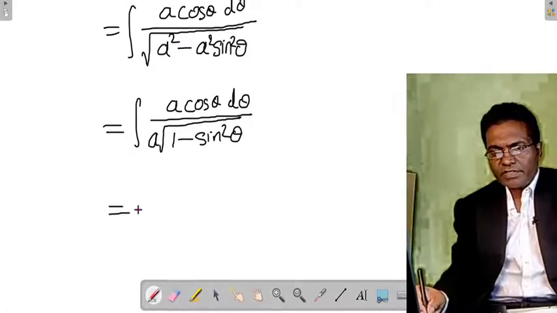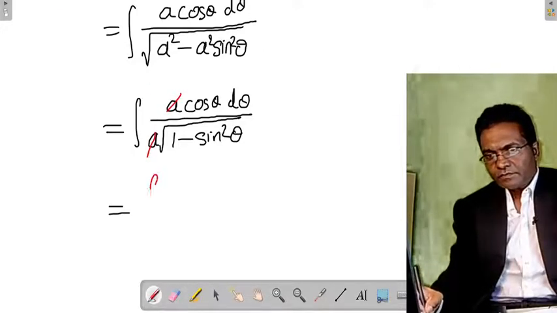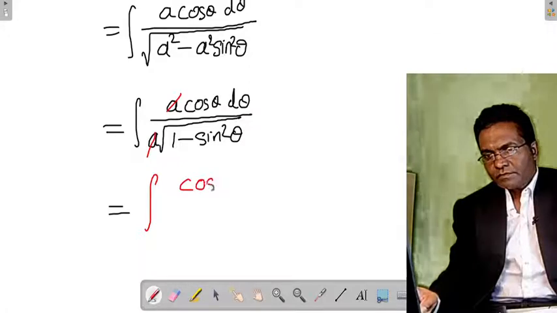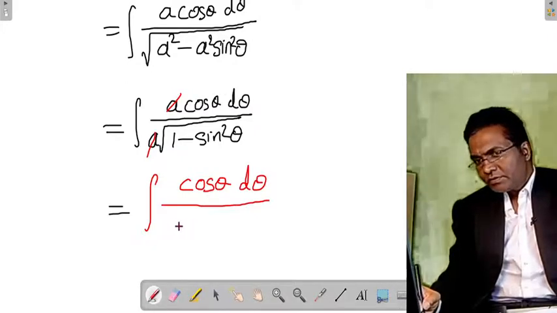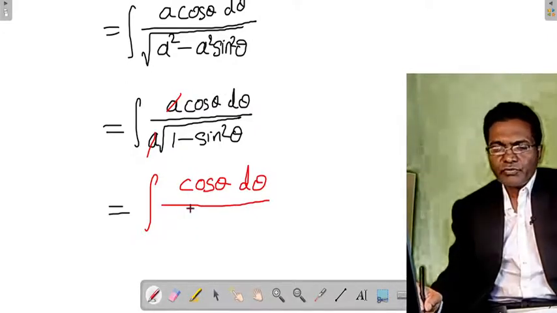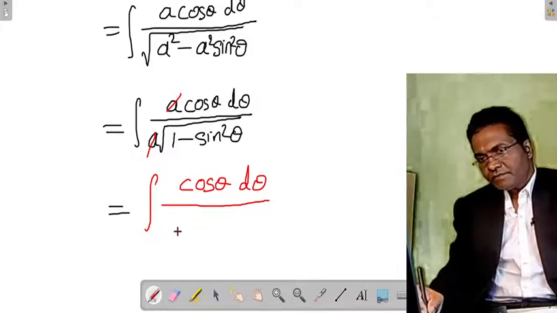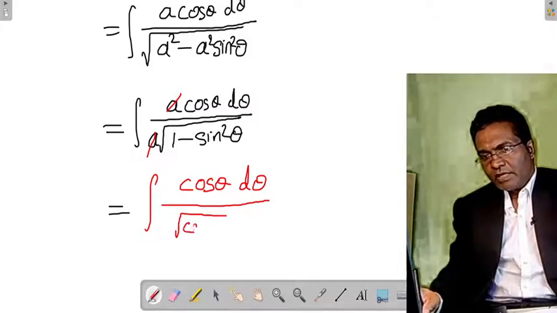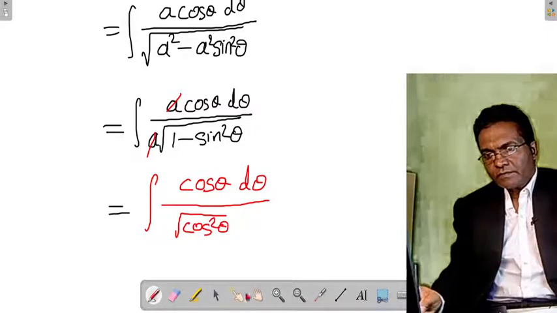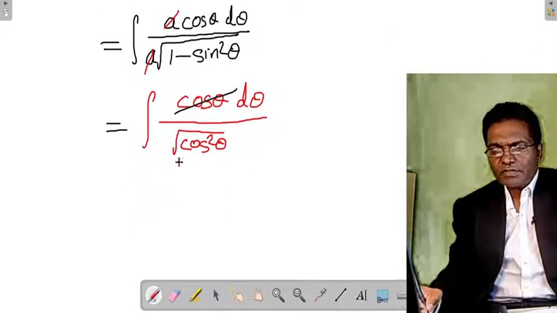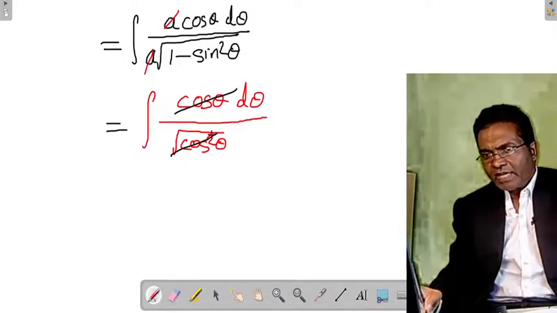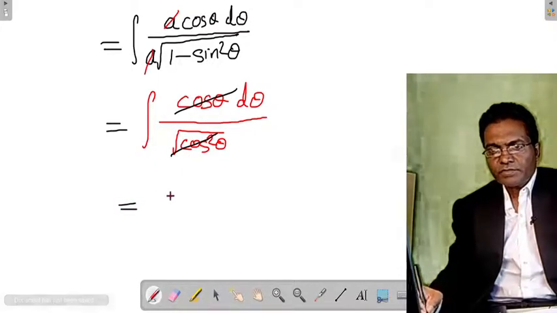The a cancels. So we are left with cos theta d theta divided by square root of 1 minus sin square, which gives under root cos square theta. Now cos and under root cos square cancel, so you are left with 1 d theta.